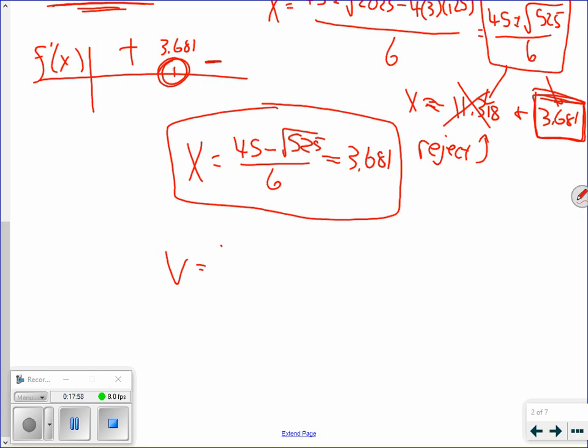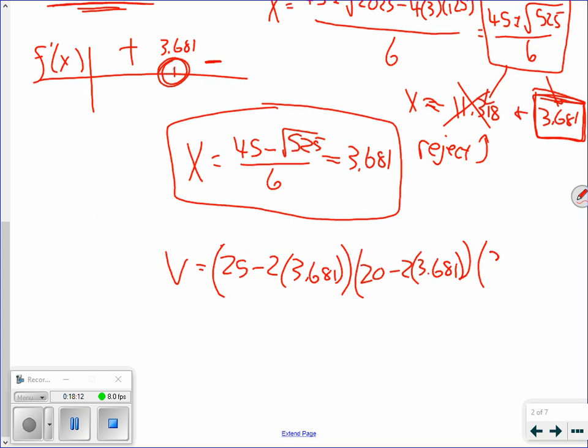I don't really want to write out the entire thing to confuse everybody, but if I did 25 minus 2 times 3.681 times 20 minus 2 times 3.681 and then times 3.681, that was what my volume equation was in terms of x.